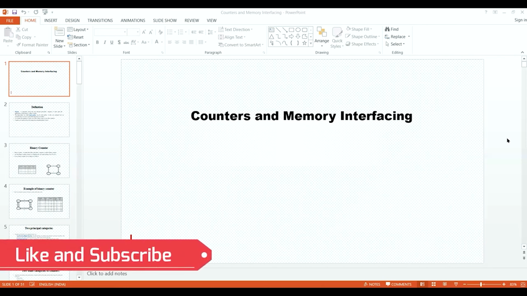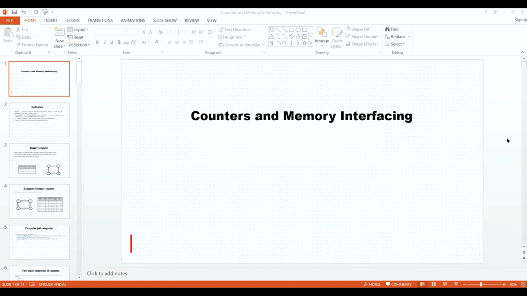In digital electronics we can count, but as I already told you, you can check my previous video on combinational and sequential circuits, in which we discussed that we require a clock, because it can be synchronized, it can be asynchronized, it can be a mixture of both. It can be considered with feedback, because memory is considered as a feedback in a sequential circuit along with combinational circuits. So when we talk about counters, we have various classifications.